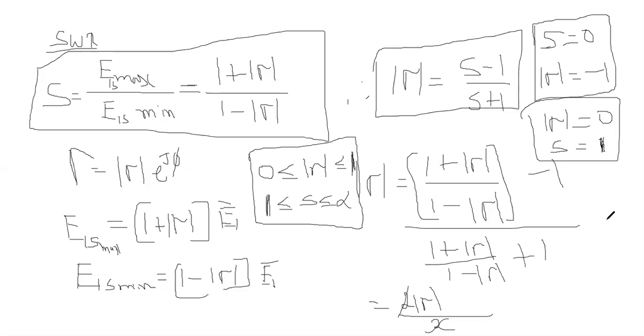The incident and the reflected beams combine, but the reflected one is in the opposite direction. The wave always travels in the Z direction, because the magnetic field is in the Y direction, the electric field is in the X direction, and the electromagnetic wave is in the Z direction.